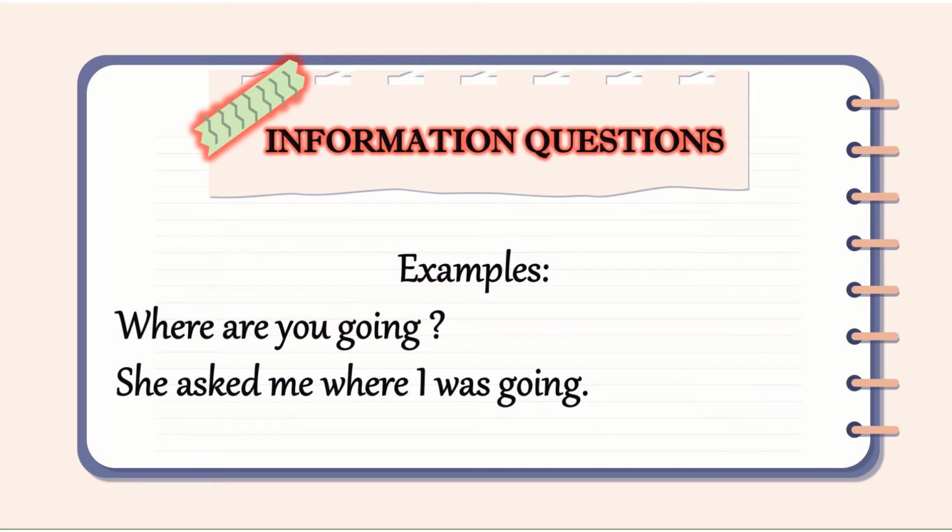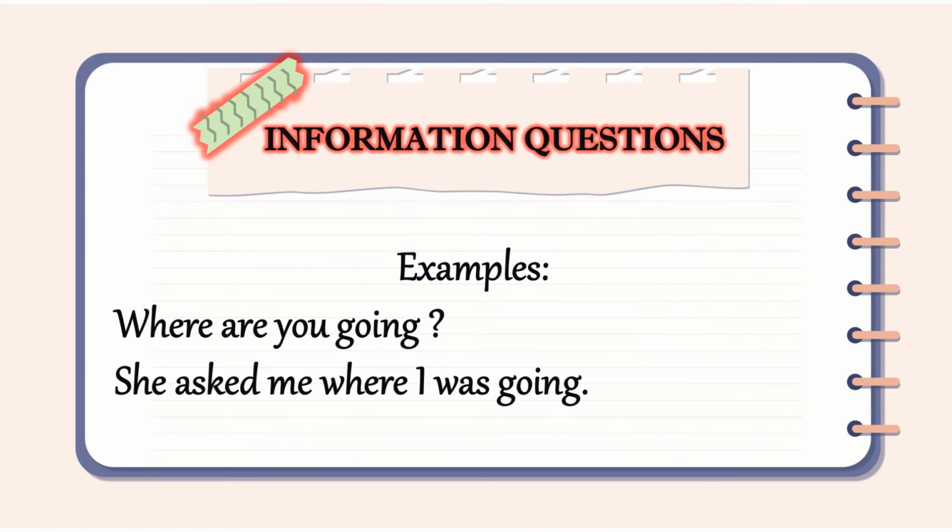So in this case, to report this sentence, you have to simply change the pronoun and the word order. You change the verb with the subject, right? Learners often make the mistake of keeping the same word order. For example, she asked me where was I going. So you have to change that when you are talking in reported speech.